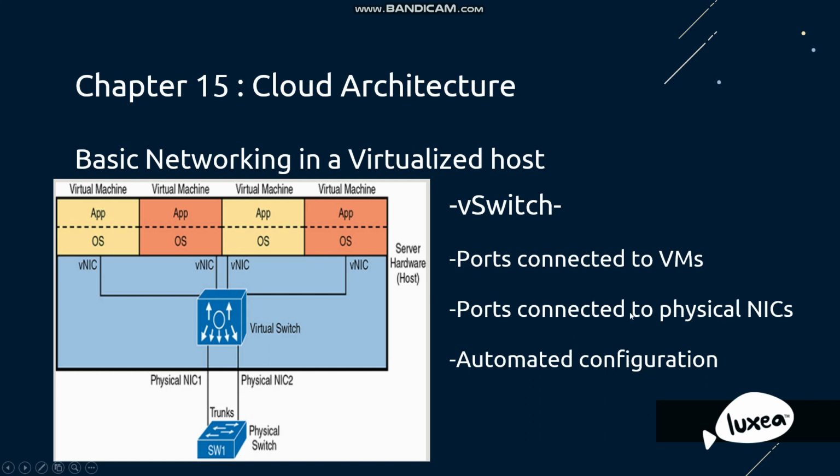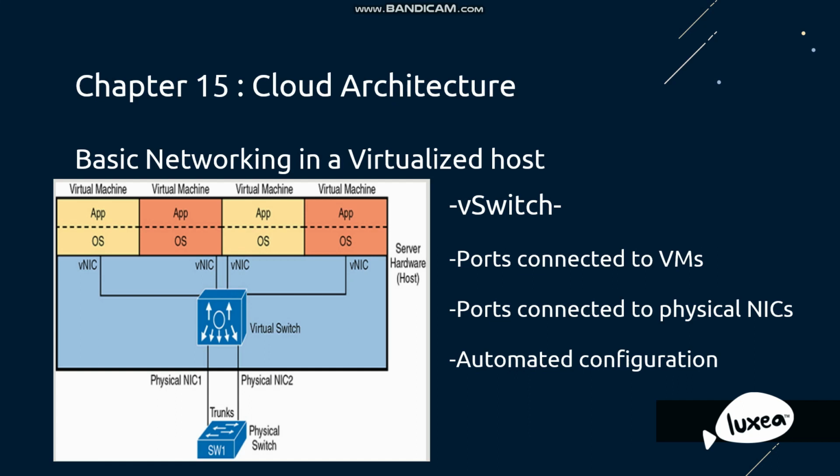I think this is also important to know. This is basic networking in a virtualized host with a virtual switch. There are 3 points I would like to talk about. First, ports connected to VMs. The vSwitch can configure a port so that the VM will be in its own VLAN. Second, ports connected to physical NICs.